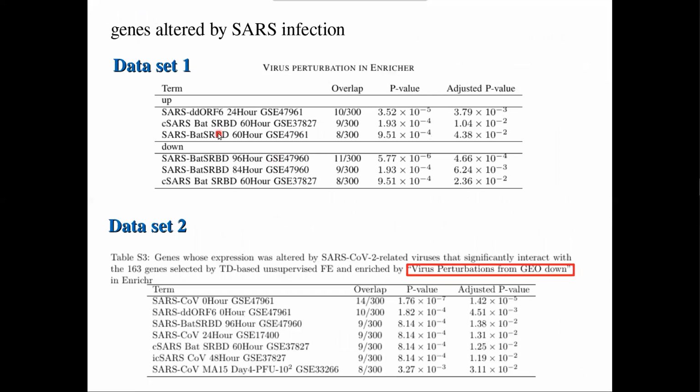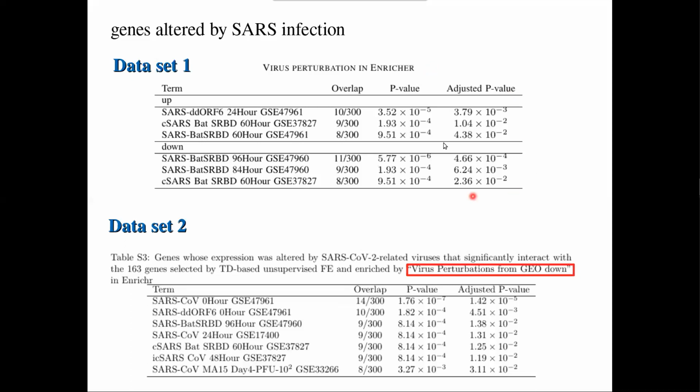Now this is the second validation of our selected genes. For dataset 1, 6 SARS-CoV viruses significantly affect the expression of the genes we have selected. For example, 300 human genes are known to be affected by infection with this SARS-CoV virus, and among these 300 genes, 10 are included in the genes selected by ourselves.